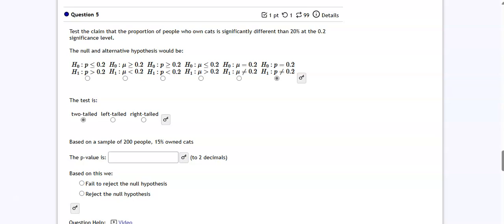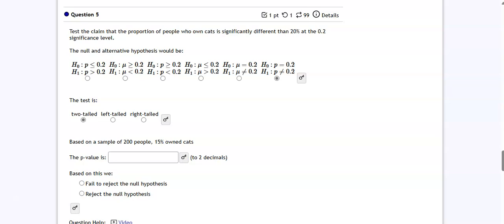So let's notice this one says test the claim that the proportion of people who own cats is significantly different than 20%. Now, when we see different than, that's always a two-tailed test, or not equal to for our alternate. So we're looking for P, since we have a proportion, and we're looking for not equal to for our alternate.